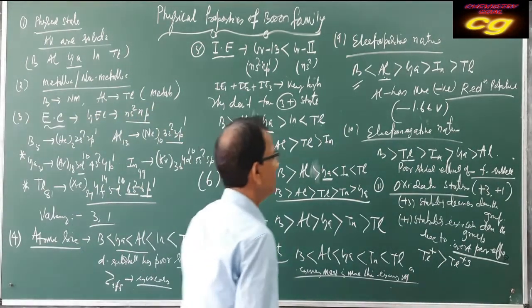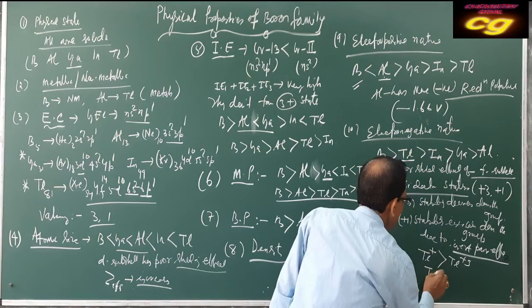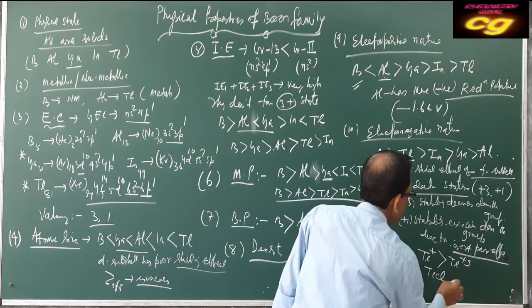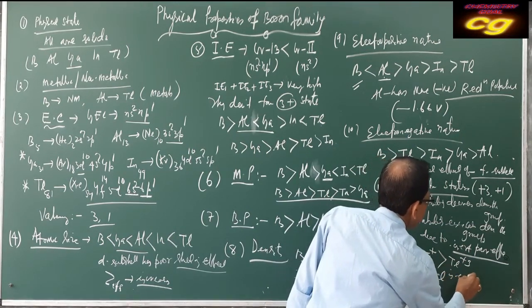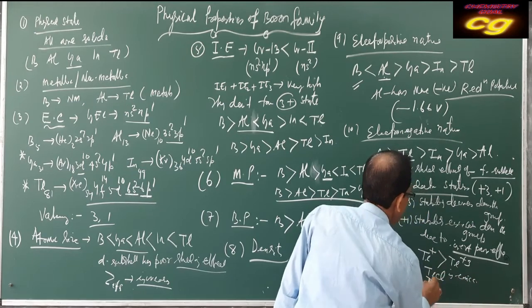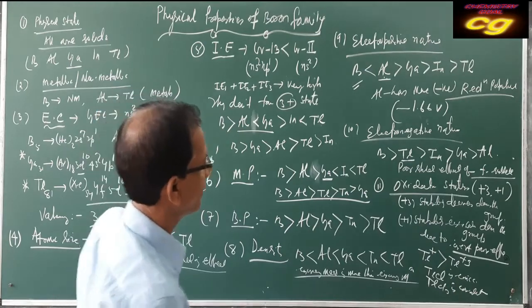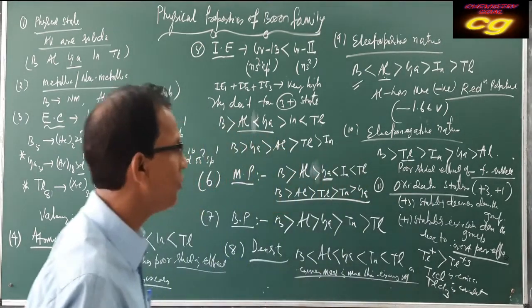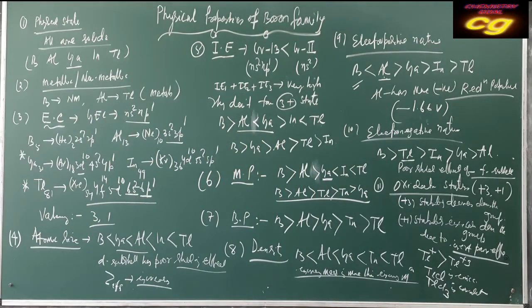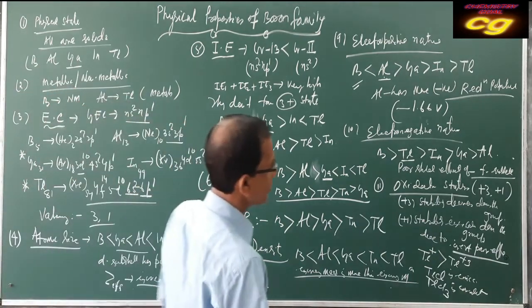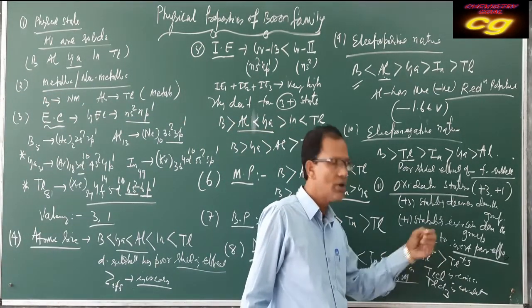And that's why thallium monochloride is ionic, but thallium trichloride is covalent. Due to this inert pair effect, thallium +1 is more stable.